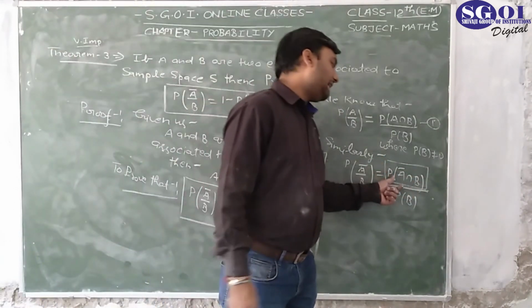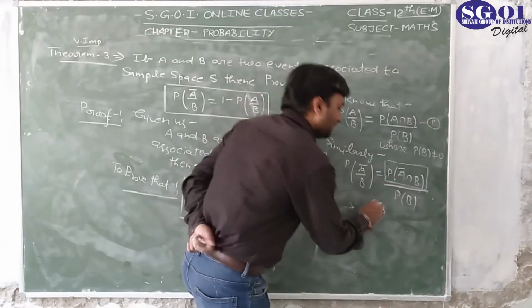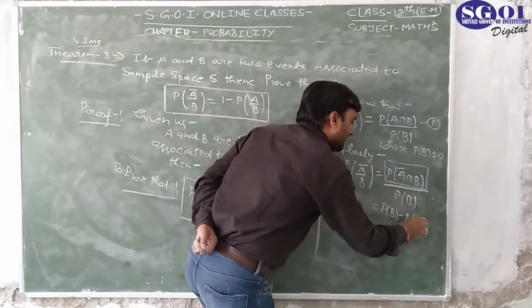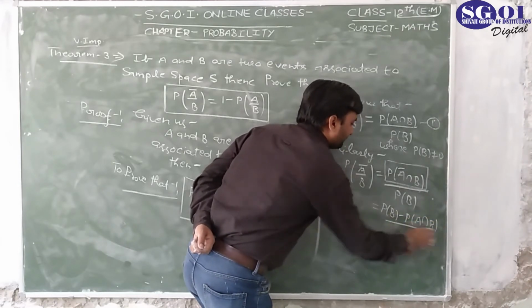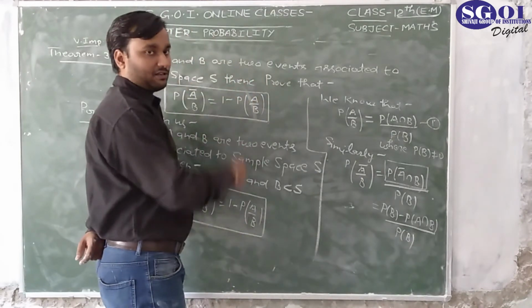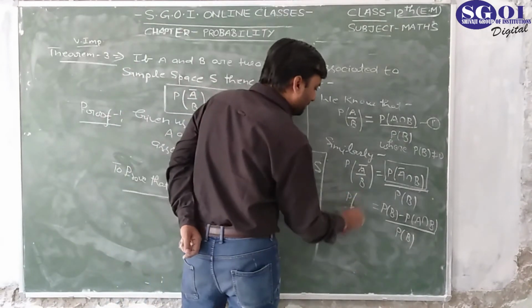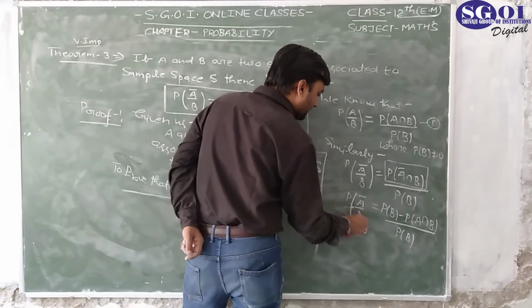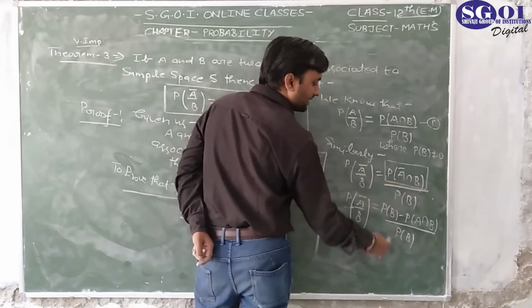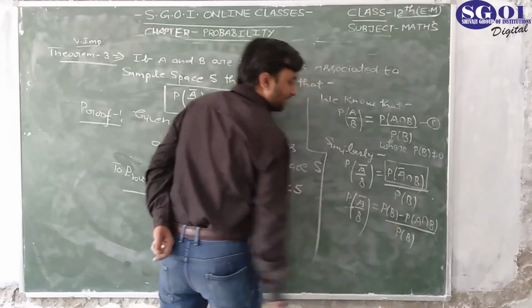The formula of probability A bar intersection B is probability of B minus probability of A intersection B. I have told you in an earlier portion of this video. For probability A bar by B, I will use the formula of probability A bar intersection B. This gives us this portion.